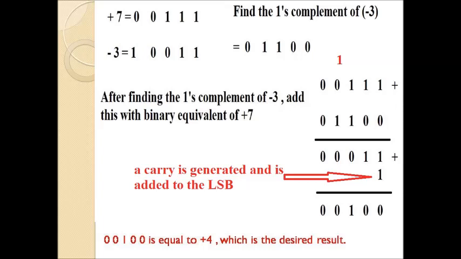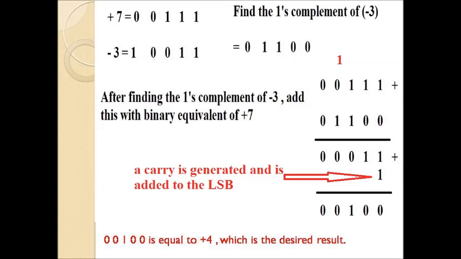After finding the 1's complement of the negative number, we have to add it to the positive number. So here we are performing the operation plus 7 plus the 1's complement of the negative number. Here you can see that I am performing that step.